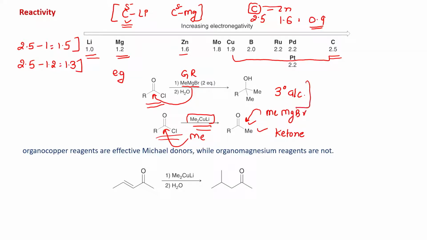This will give you tertiary alcohol. So this means the reactivity of your Grignard reagent is much higher than this methyl copper lithium complex.